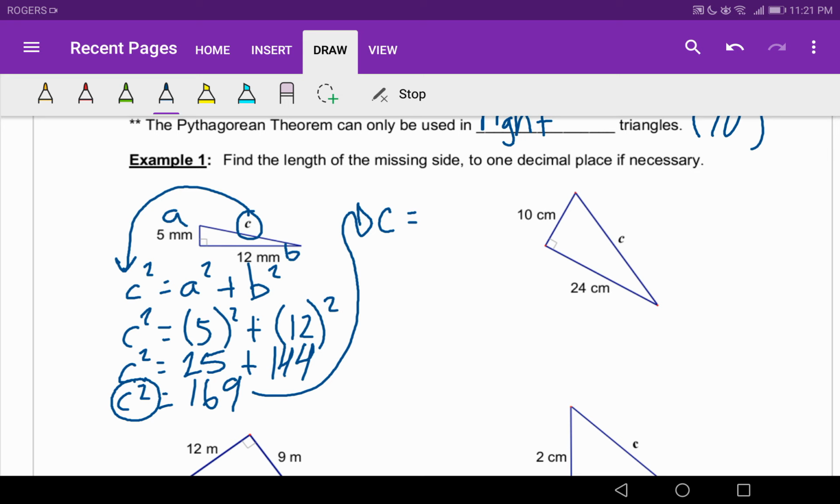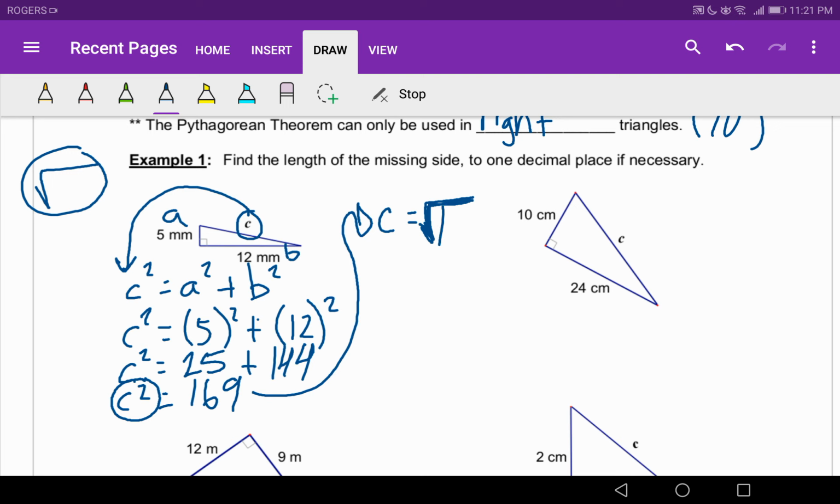It is square rooting. It almost looks like a division bracket, but it's not. It'll look like this on your calculator. So make sure that you can use that button on your calculator. A lot of calculators are different in the order in which you press the buttons.